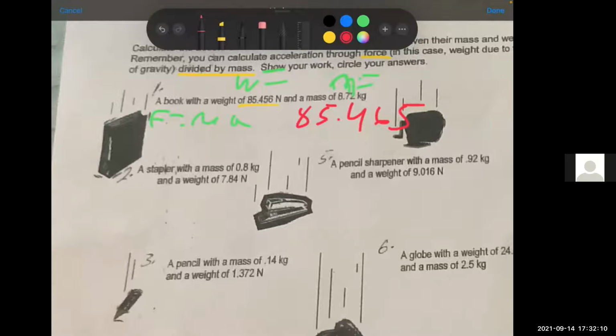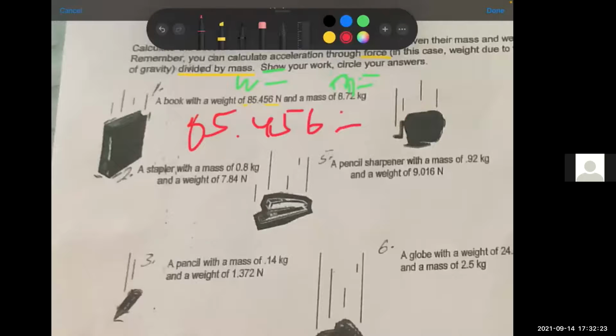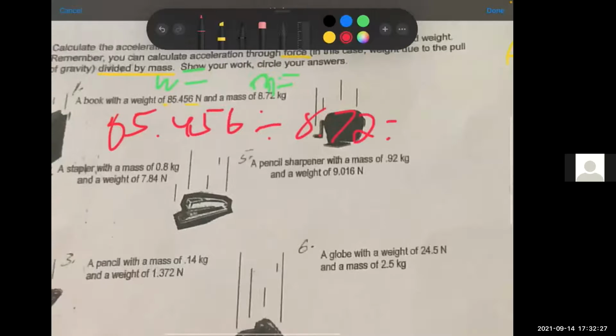But that's not correct. Look for the weight of it. I'm just going to try to do it this way.